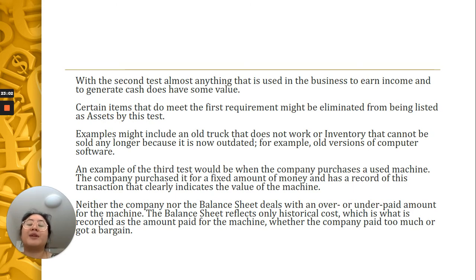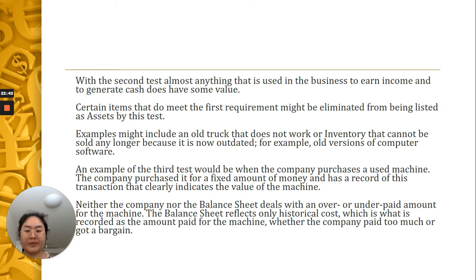The example of the third test is when the company purchases a used machine. The company purchases it for a fixed amount of money and has a record of this transaction that clearly indicates the value of the machine. So neither the company nor the balance sheet deals with an over- or underpaid amount; the balance sheet reflects only the historical cost, what is recorded as the amount paid for the machine, whether the company paid too much or got a bargain.